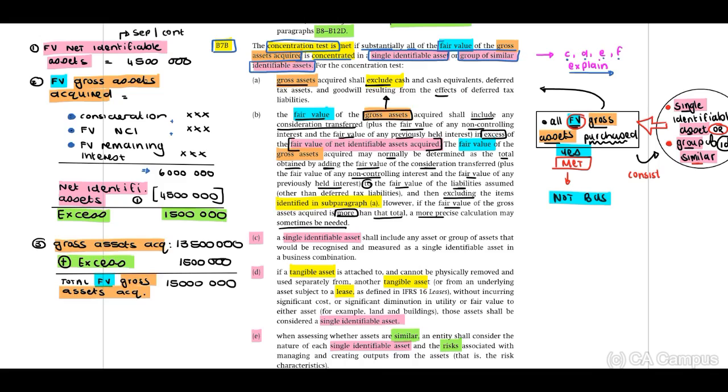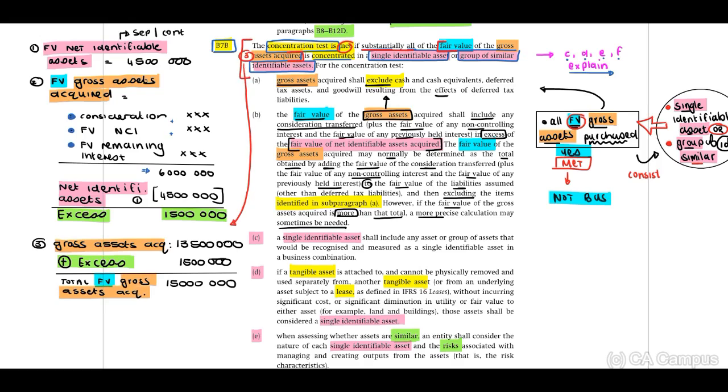Now, when we read through the first section of B7B again, the concentration test is met if substantially all of the fair value of our gross assets acquired, this is in our step 3. Do you see, guys? We have determined this in step number 3.